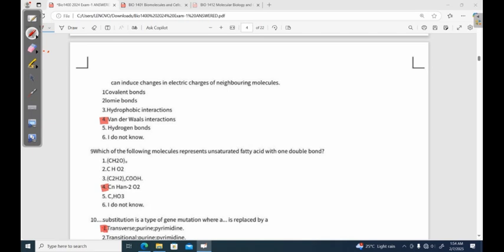The formula for unsaturated fatty acids is CnH2n minus O2. This is the formula of the unsaturated fatty acids that have one double bond. So this is the only answer that was able to tally with the actual formula. Of course, they didn't make a mistake there. Okay.